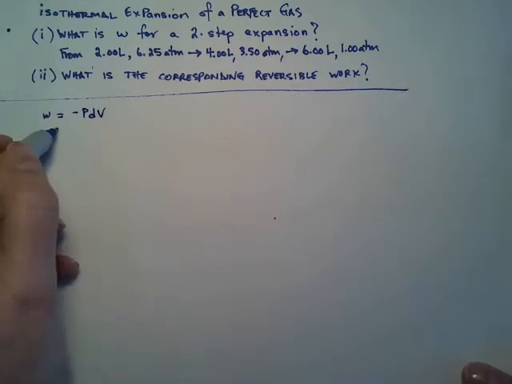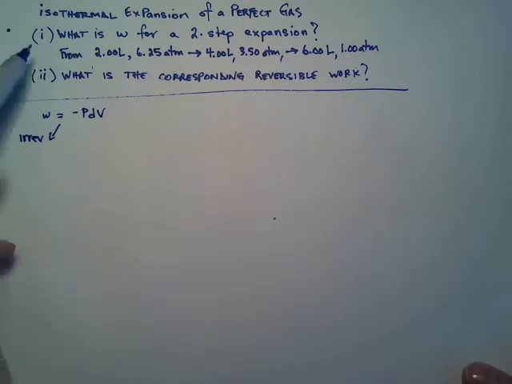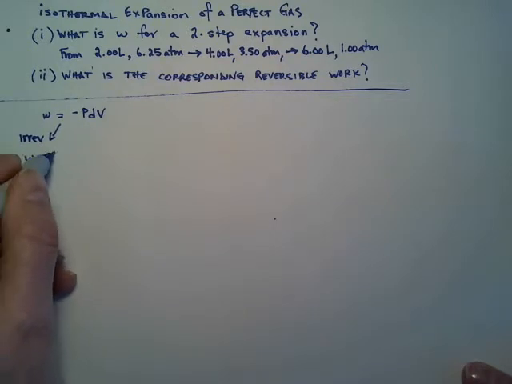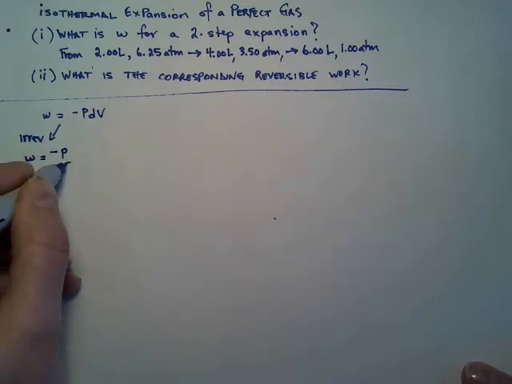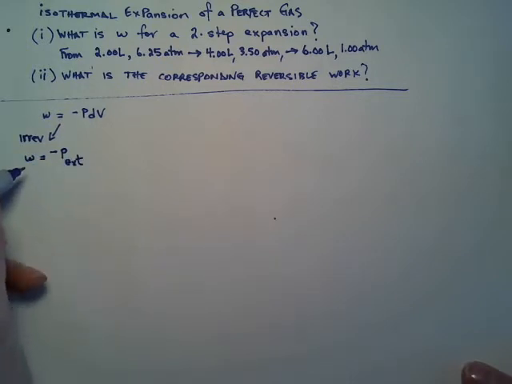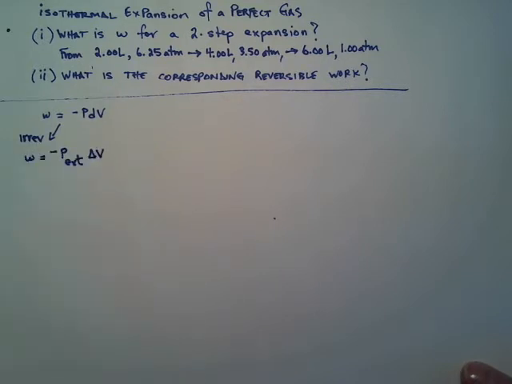And for the irreversible process, like that one described in this first part, I'm going to spare you all the integration here because that's done somewhere else, this work is equal to minus P external, which is also the final pressure of the gas, times delta V, the change in volume.